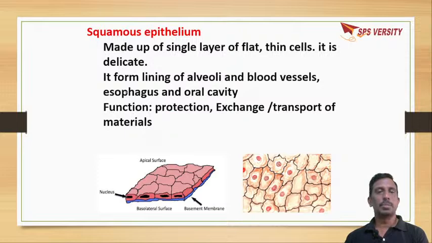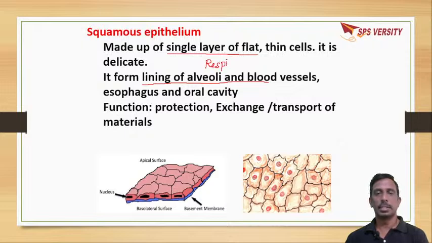Squamous epithelium, simple, is made up of a single layer of flat cells. Where is it present? It is present in the lining of alveoli. Alveoli come under the respiratory system.